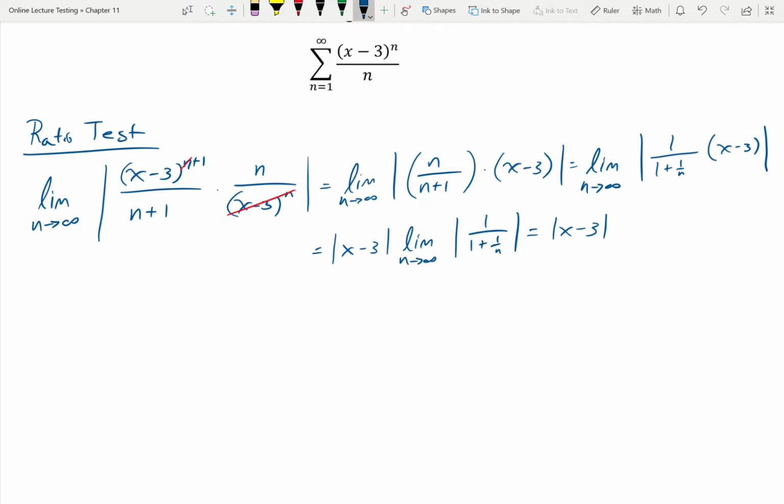All right, so what does this mean? Well, we need this value for the ratio test to do what in order to converge? So think about what the conditions are for the ratio test to converge.